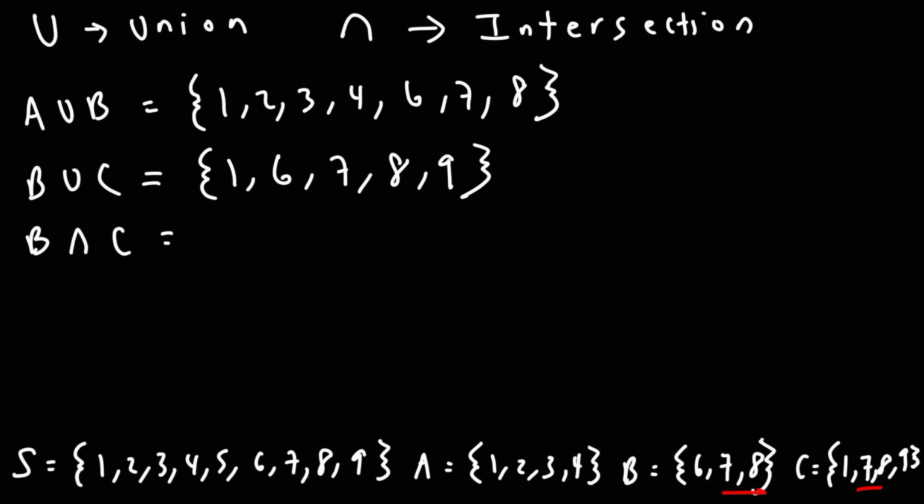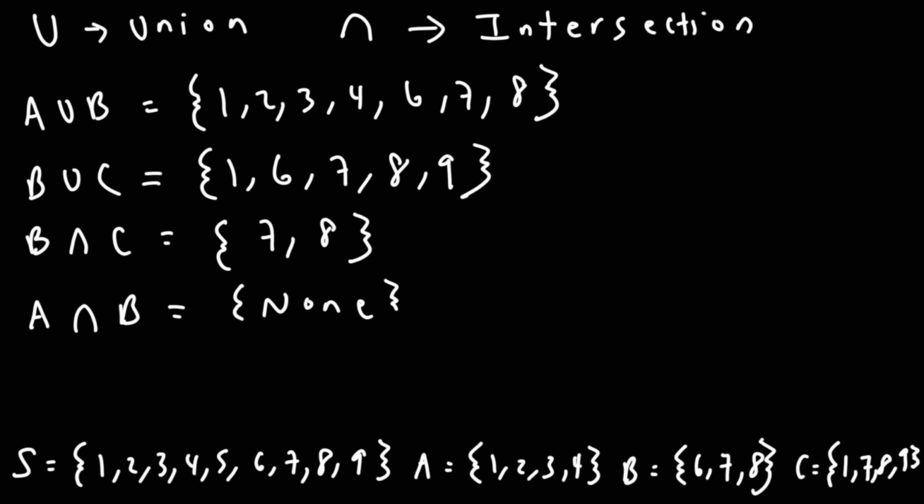So we're looking for the common values. Now, A and B, there's none. There is no intersection. So because A and B don't have common elements, A and B are mutually exclusive. And we'll talk more about that later.